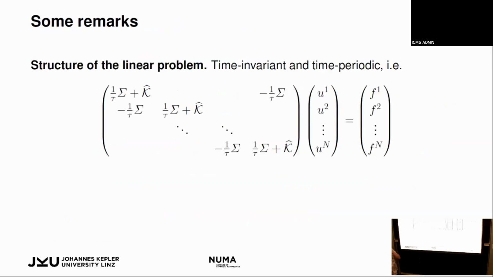What is now the structure of the linear problem? We have seen this twice already today, or 3 times if you were in the first session. We have this structure here, so this circulant matrix structure, and the right hand side is now a bit tilted maybe.